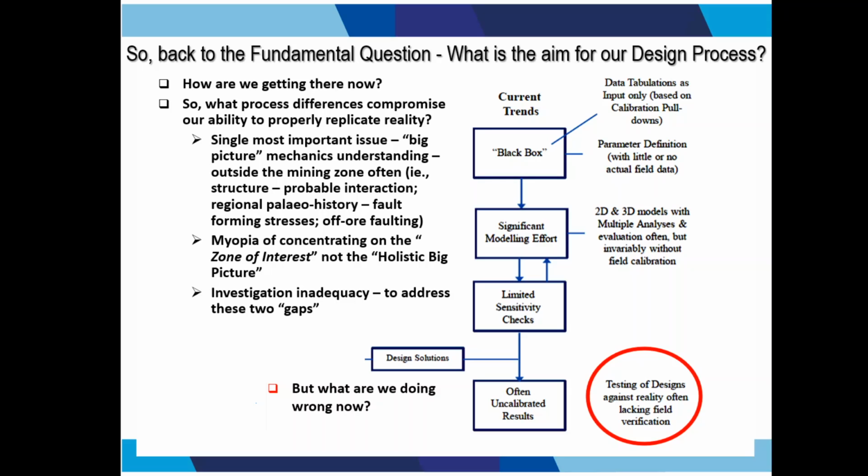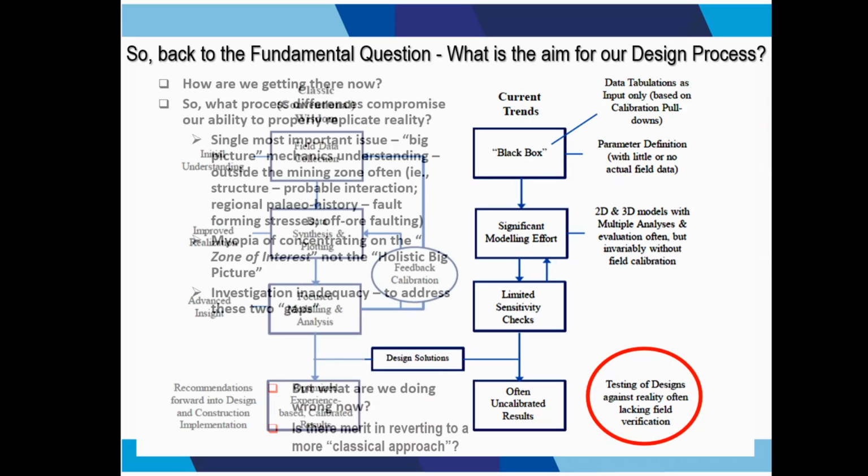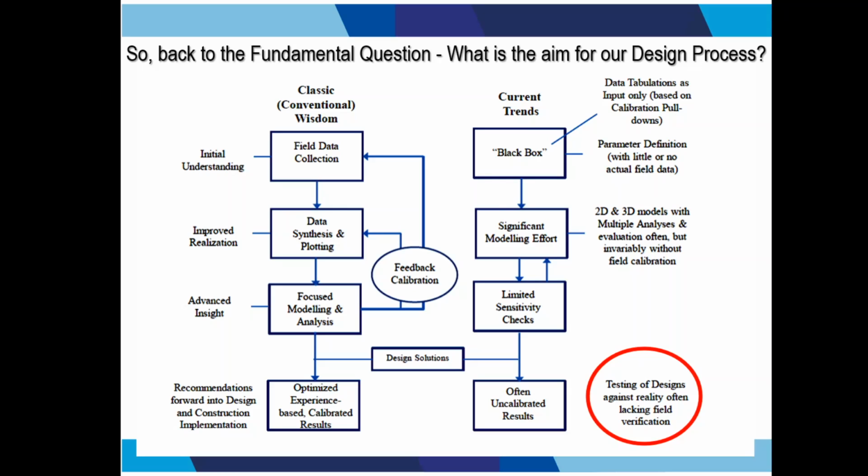So we end up with a couple of investigation inadequacies, gaps that we need to address. Perhaps we need to go back to thinking more in terms of a classical approach, where we have feedback loops always back to the field data, so that ultimately we are creating an optimized, experience-based, calibrated result.